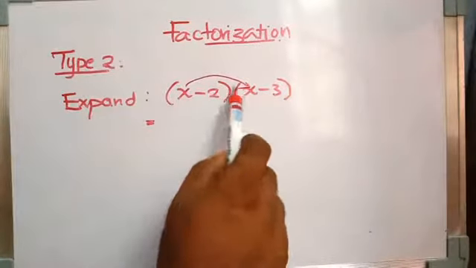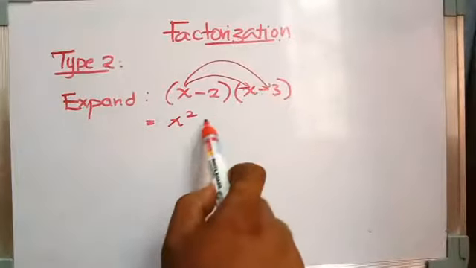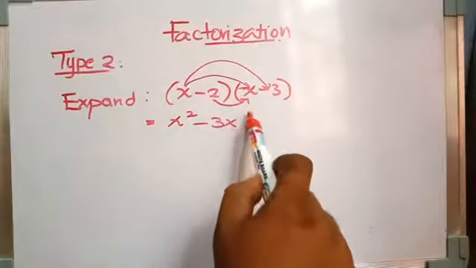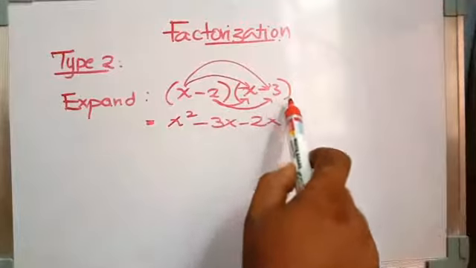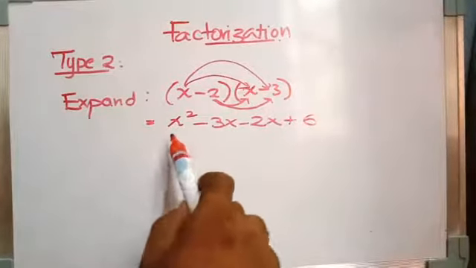Like x squared plus x into minus 3 as minus 3x, minus 2 into x as minus 2x, minus 2 into minus 3 as plus 6, minus into minus plus 6.